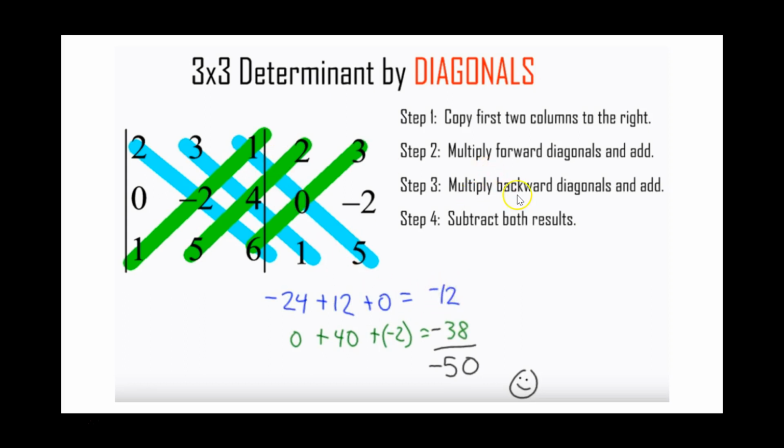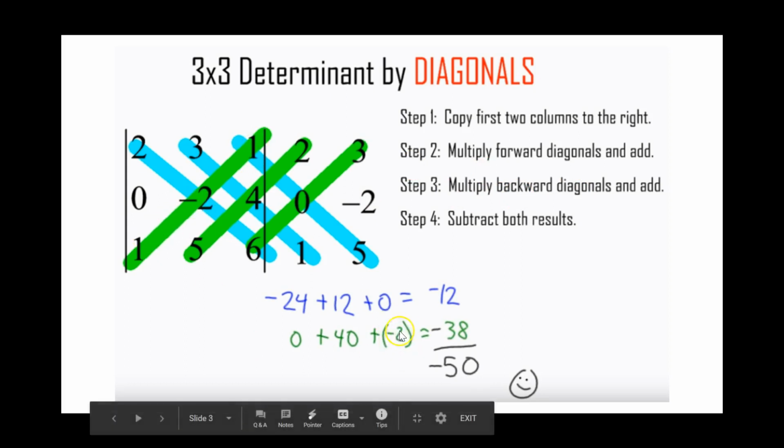Then we multiply backwards diagonally. 1 times negative 2 gives us negative 2, and then 2 times 4 times 5 gives us 40, and then 3 times 0 times 6 gives us 0. It doesn't matter the order, because we're all adding together. Once you get here, you get negative 38. Add them both together, and we get negative 50. So that's how you do it by hand.